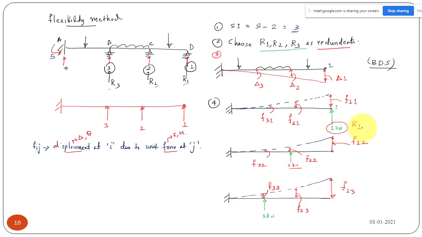And instead of 1, I have R1. Then what will be the value of this deflection?